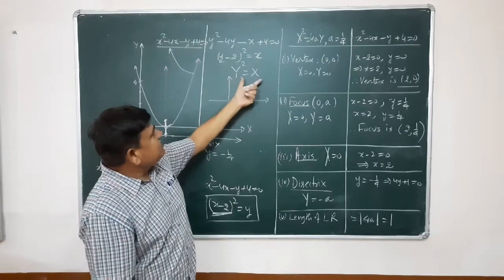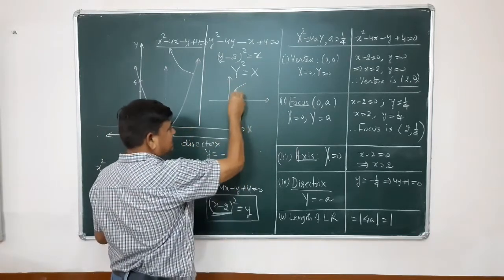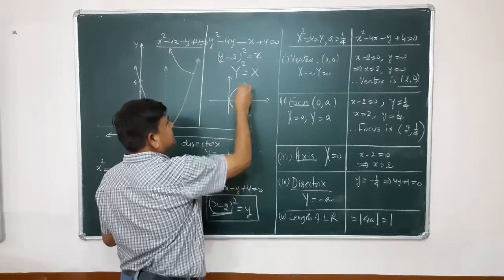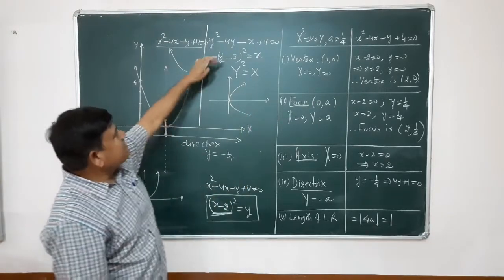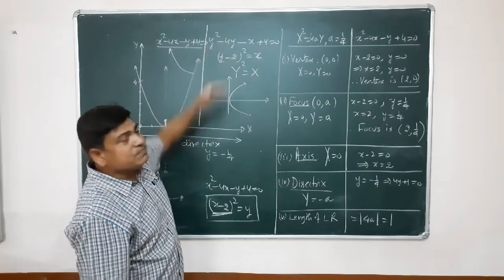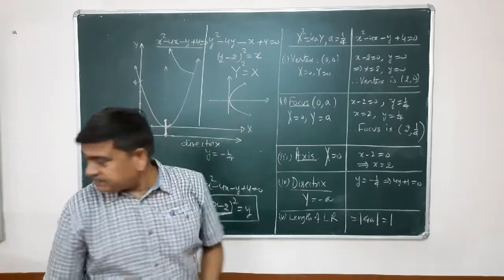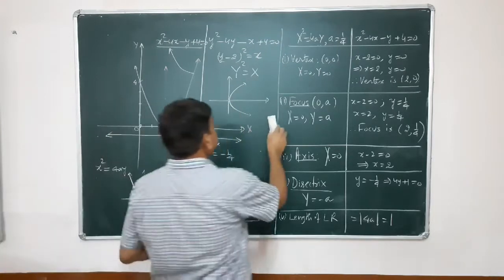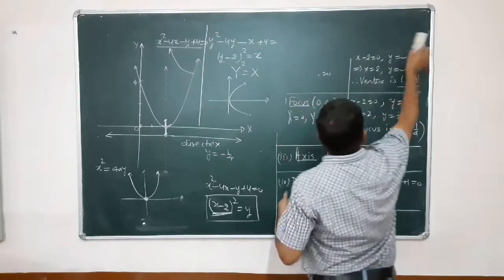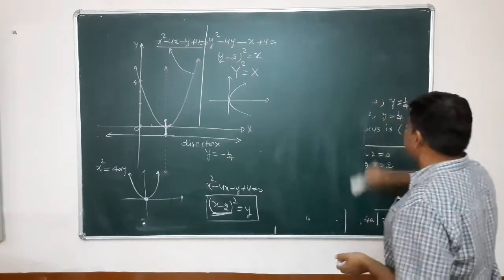Here it is y square equals to x, and we people know that the graph of this will be this one. Now this becomes 0 at y equals to 2, so it is 2 units up. So the graph is like this, without calculating all the things.